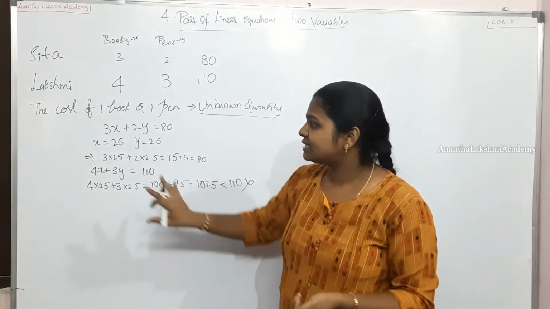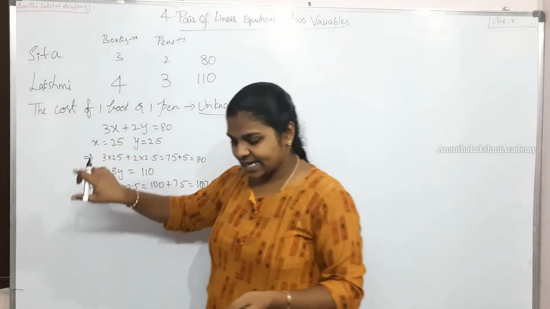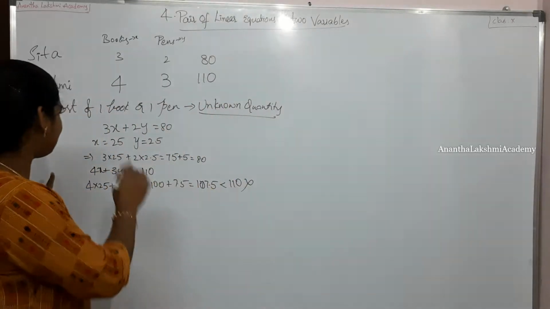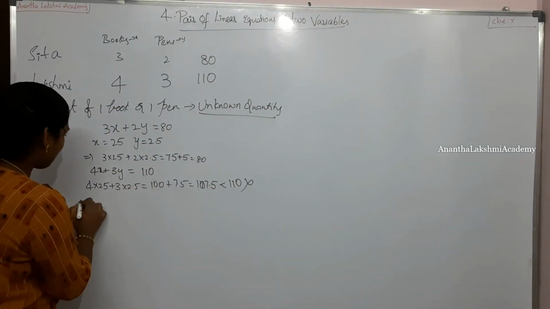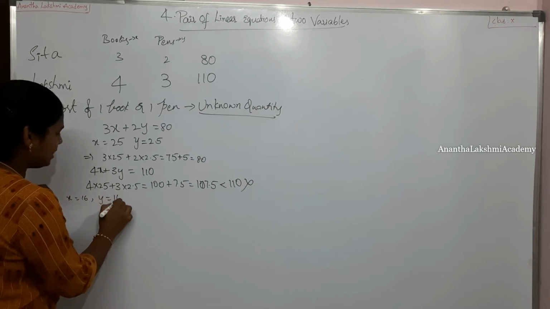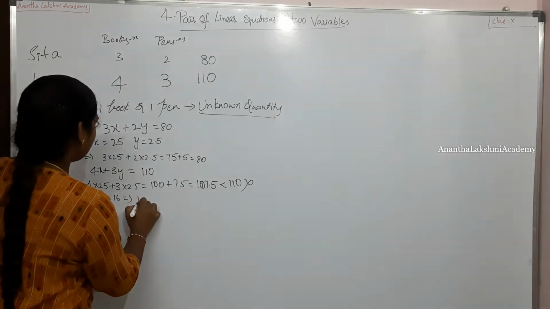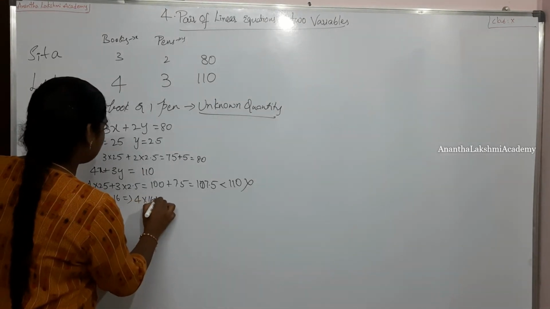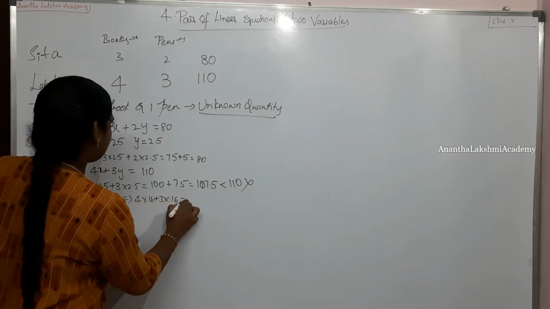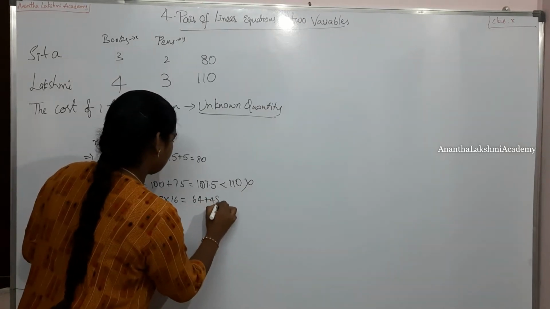So if we consider a single equation, not only this, say for suppose we take the value of X is equal to 16 and Y is equal to 16. Then let us try if this works out for Lakshmi's equation. 4 into 16 plus 3 into 16 is nothing but 64 plus 48.